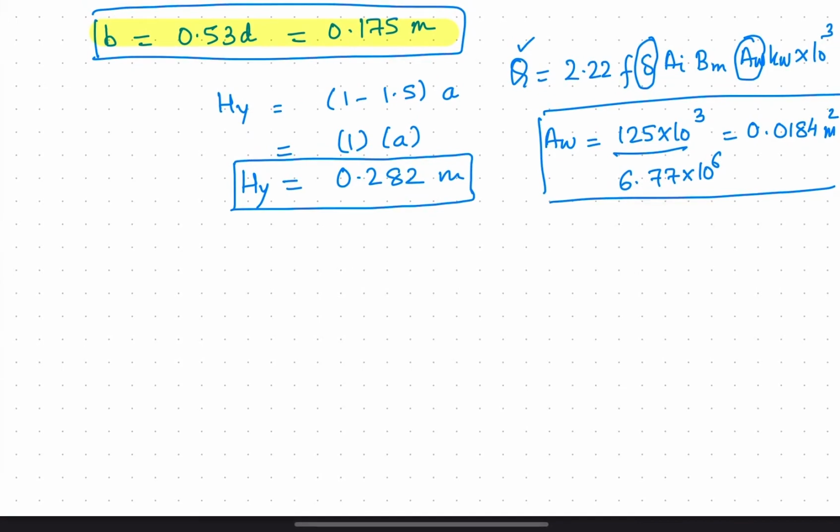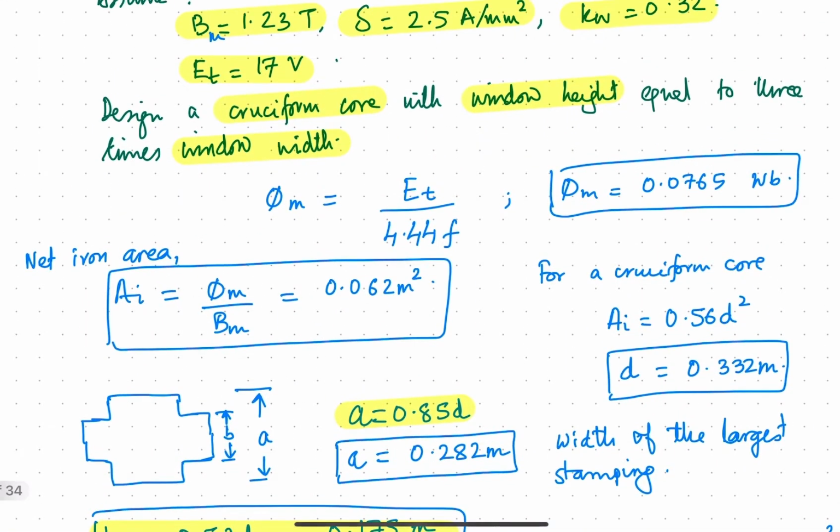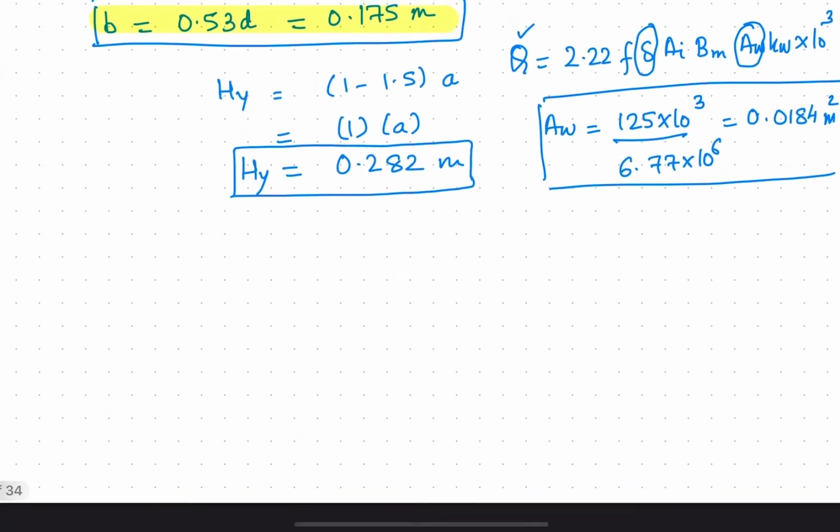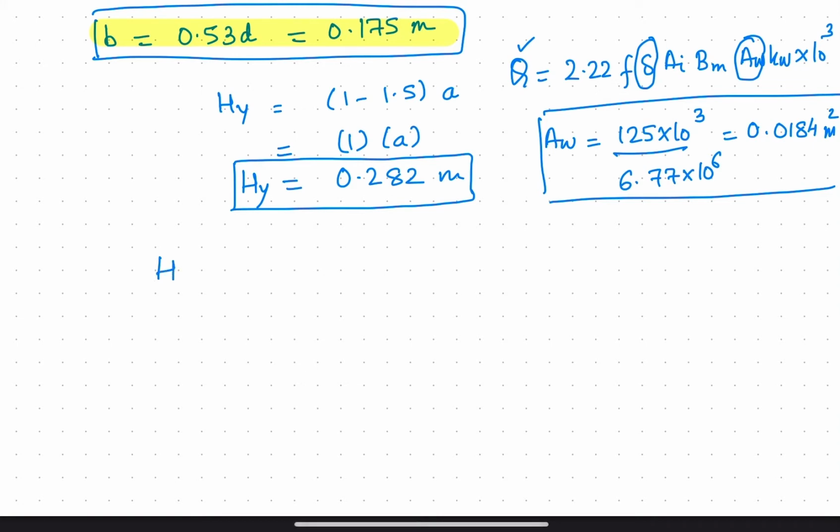Now this is the area of the window, and we are told in the question that the window height should be equal to 3 times the window width. We also know that the area of the window is equal to height of the window times width of the window.